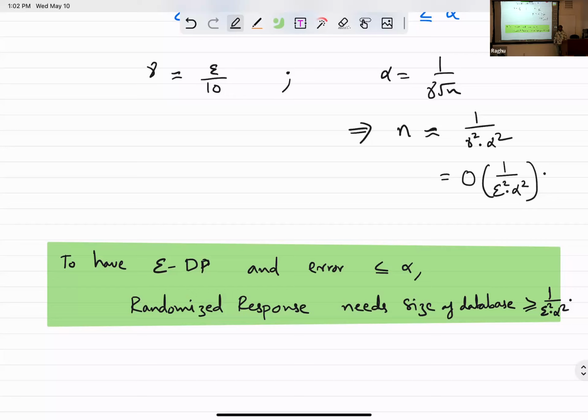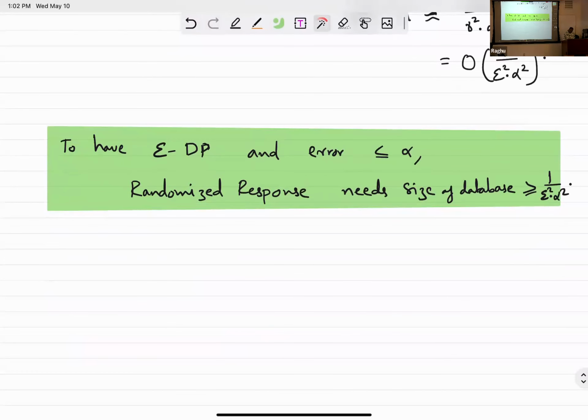The number of entries in your data set should be like 1 over epsilon squared times alpha squared. So that's the trade-off, the quantitative thing that we should keep in mind. If I fix the privacy and the accuracy, how many people do I need to satisfy both of those constraints? If we have more and more people, privacy and accuracy together become easier.